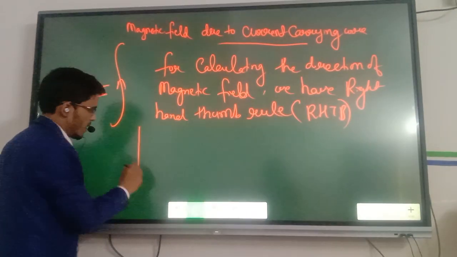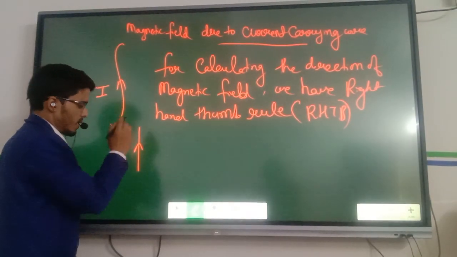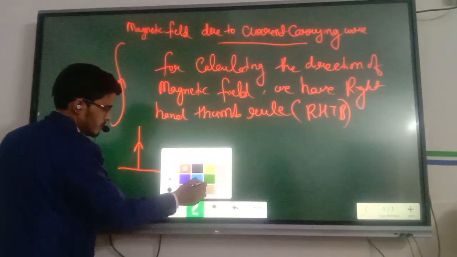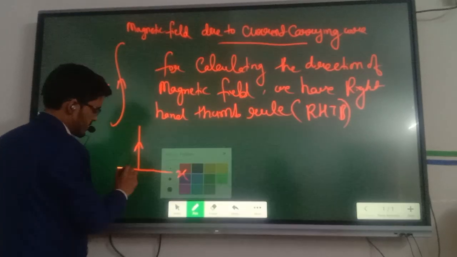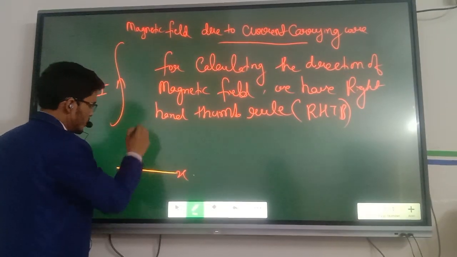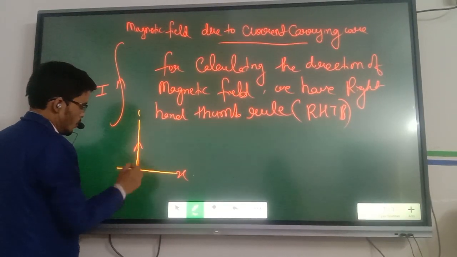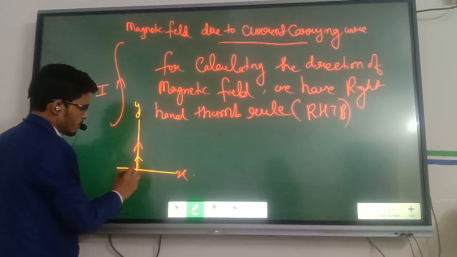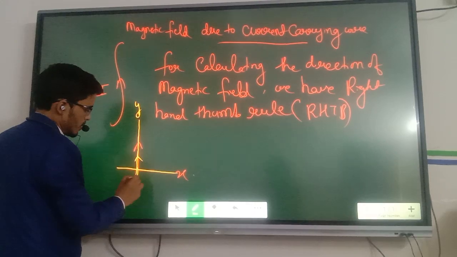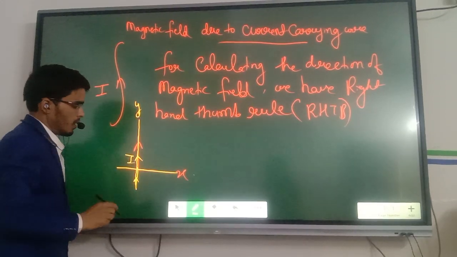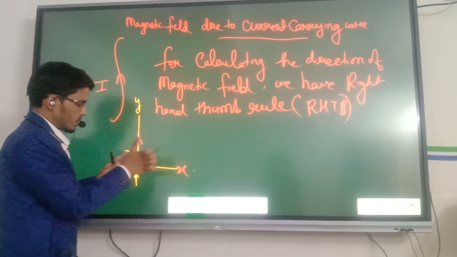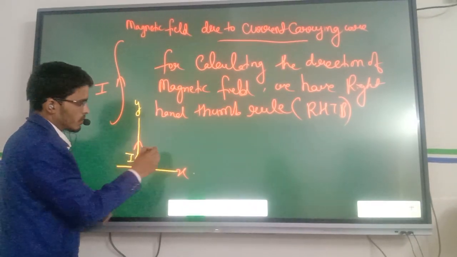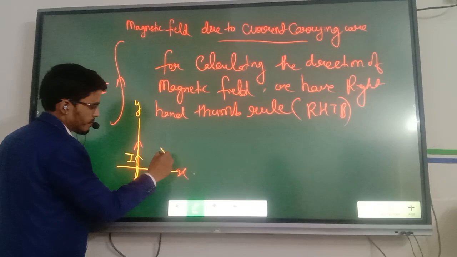Okay, suppose this is the wire and current I is passing through this wire, and suppose this is the x axis and this is the y axis. Current I passes through this wire in this direction. So first we put our thumb in the direction of current and this direction indicates the direction of magnetic field. So the magnetic field is in the direction like this.